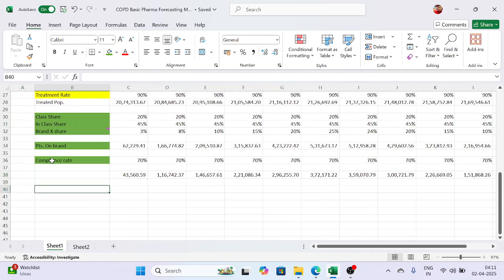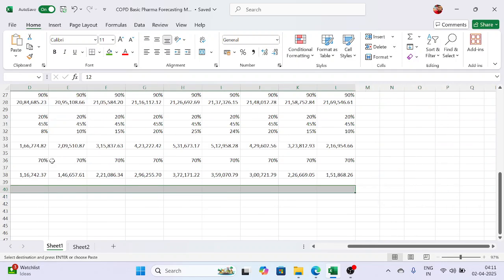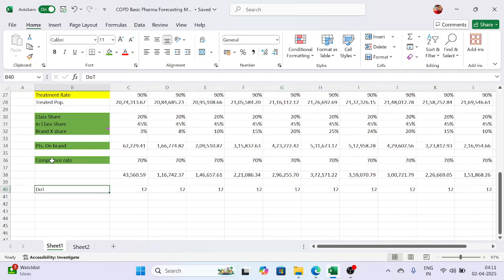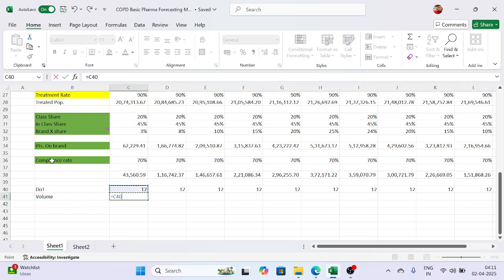Now let's say the duration of therapy for this one is 12. Just for simpler calculations I'm doing, duration of therapy is 12. So now the actual volume will be this multiplied by this.